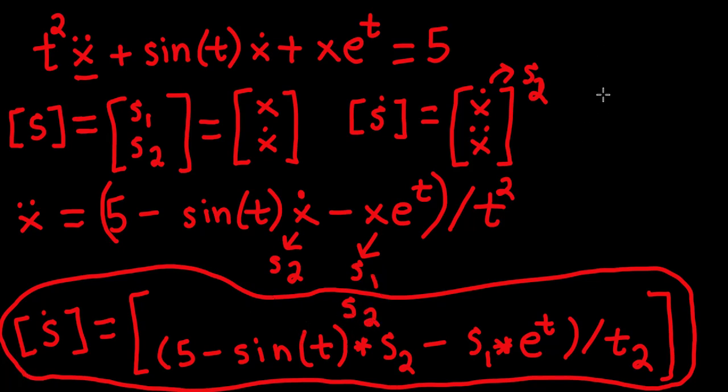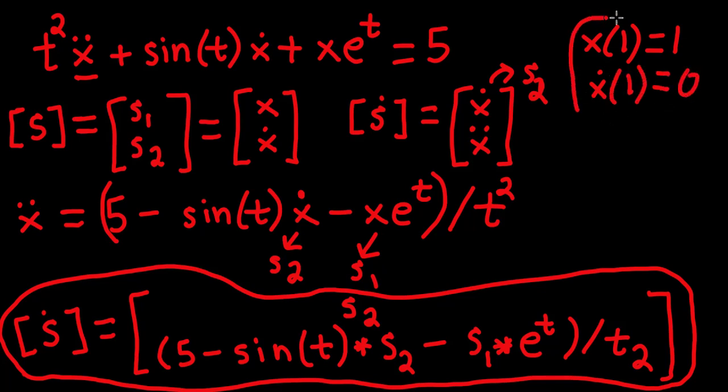Now all we need to put some meaning into this and make this usable for MATLAB is give ourselves some initial conditions. So let's say the initial conditions are x of 1 equals 1 and x dot of 1 equals 0.